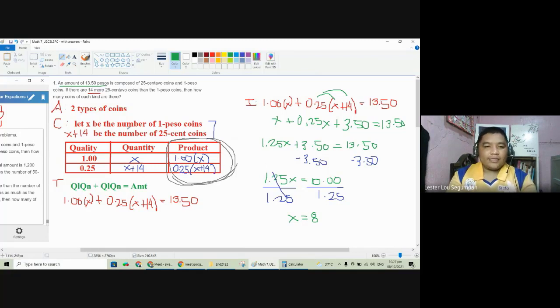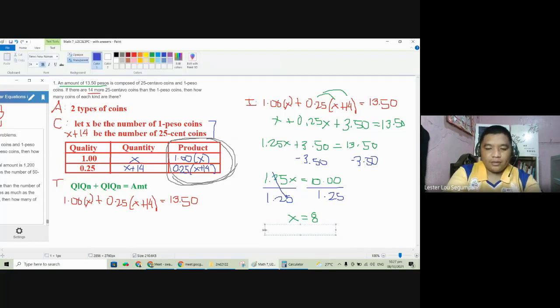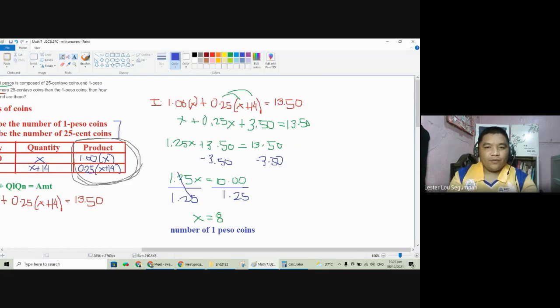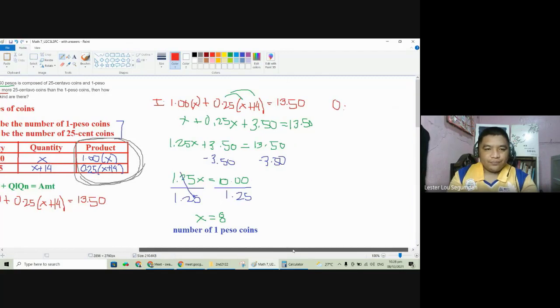And 8 stands for, as we look at our step C, the number of 1 peso coins. Since we are asked how many coins of each kind there are, we can solve the next value.